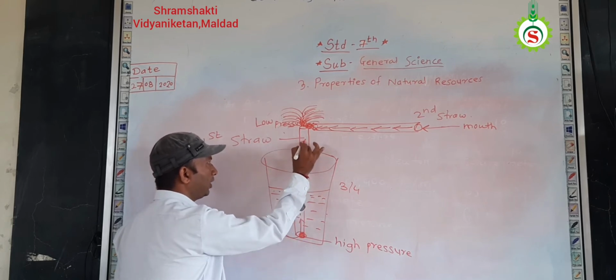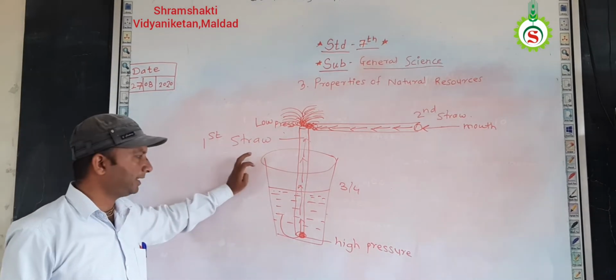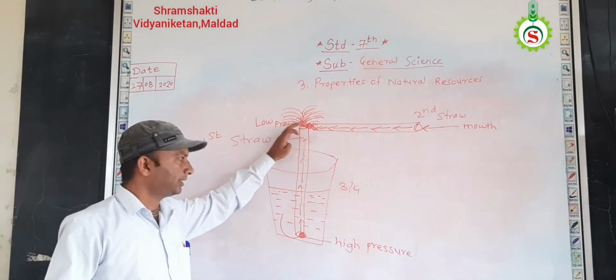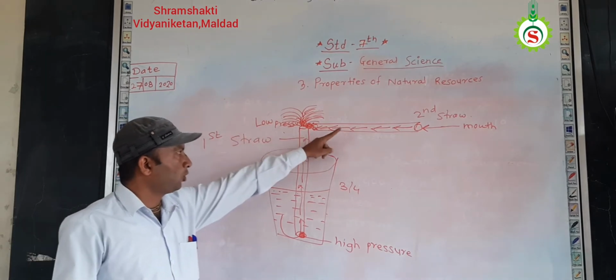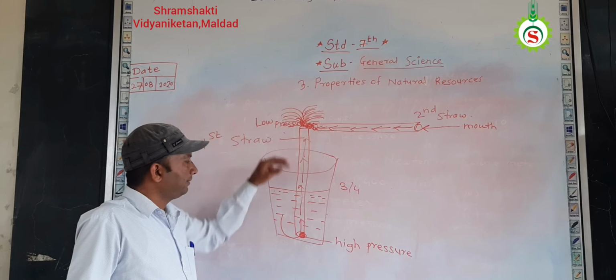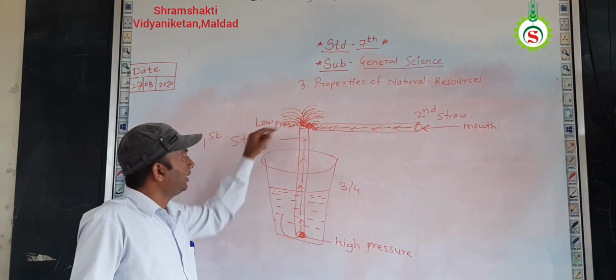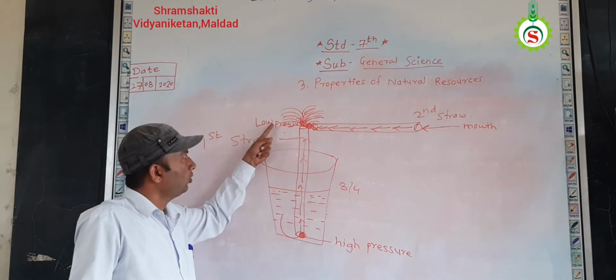Why? Because you know that the movement of molecules or particles always takes place from high pressure to low pressure. That's why by blowing through the second straw, pressure is created, meaning at the lower end there is high pressure and at the upper end of the first straw there is low pressure.